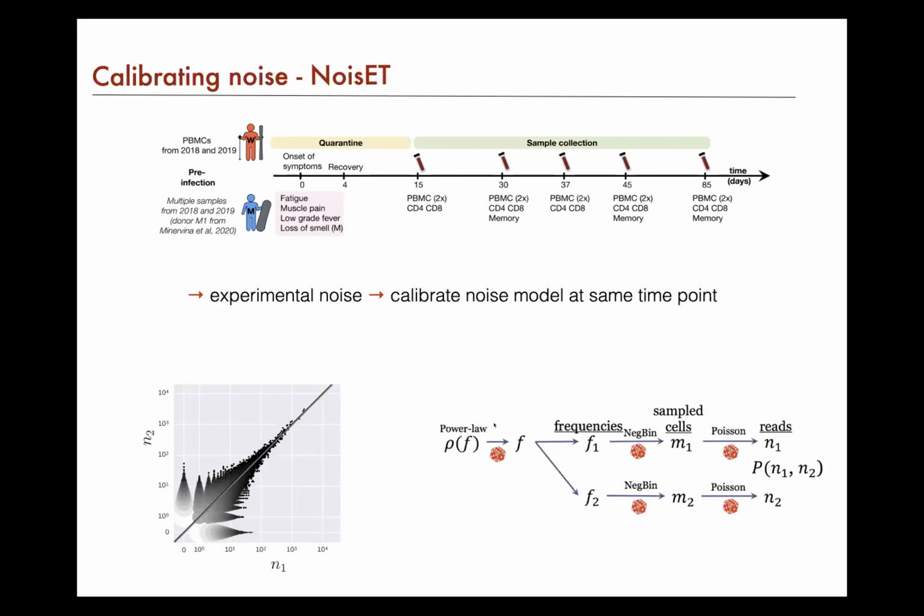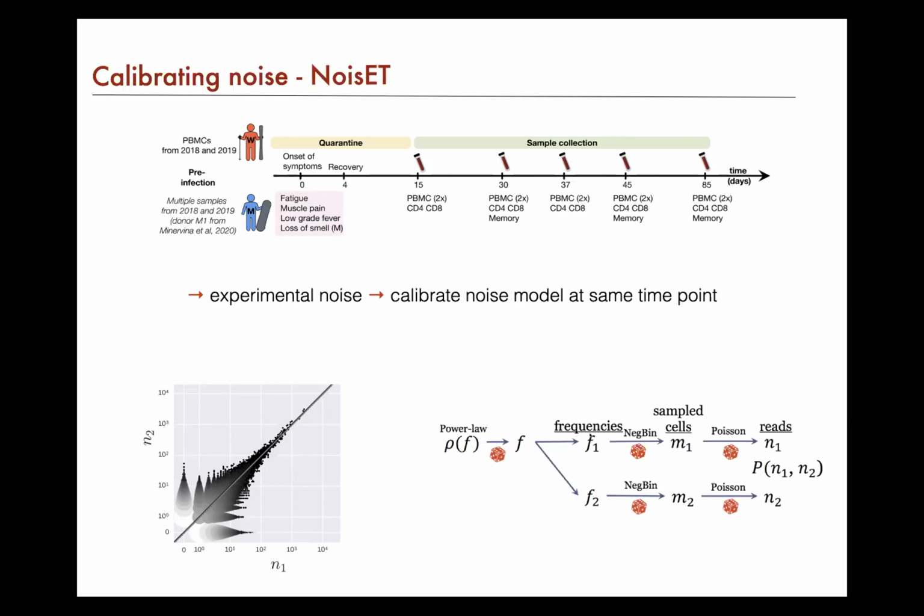What is the noise model? The noise model basically takes us from the frequency of real clones to the frequencies and the counts we see in the sequencing reads. There's of course sampling noise, which we model as Poisson noise, but there's also noise that comes from differential mRNA expression, bursting, cell loss and things like that, which we put into a long tail distribution such as negative binomial.